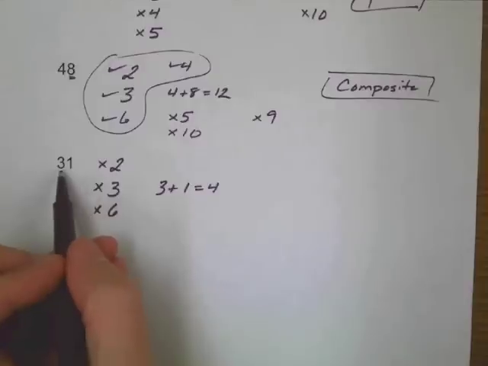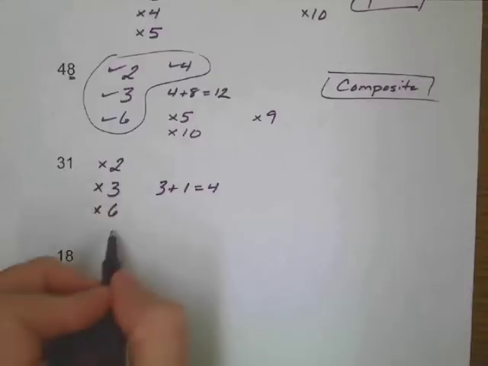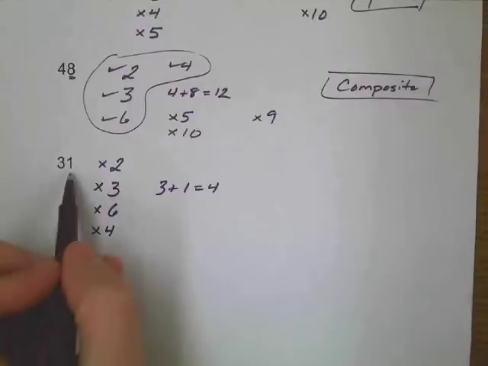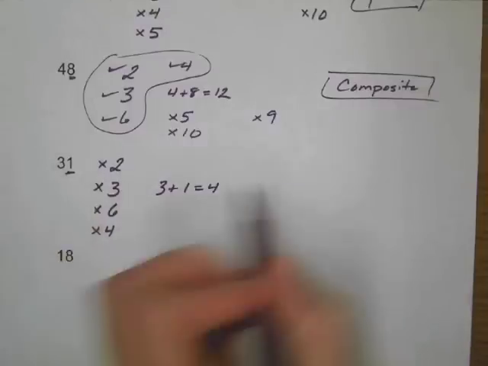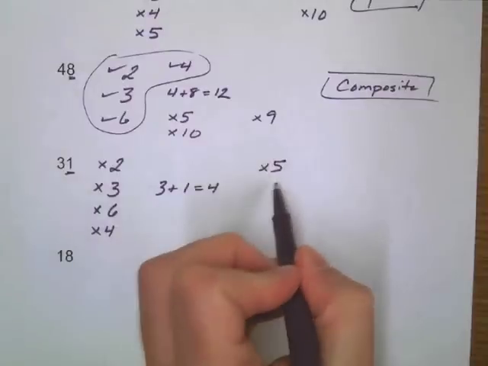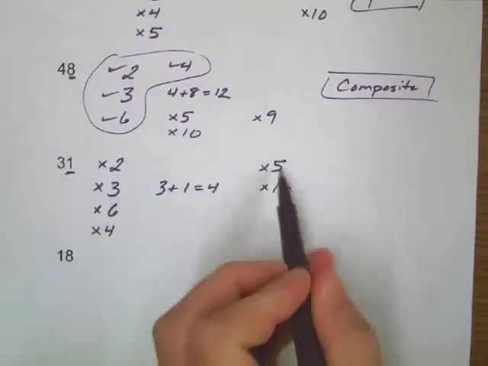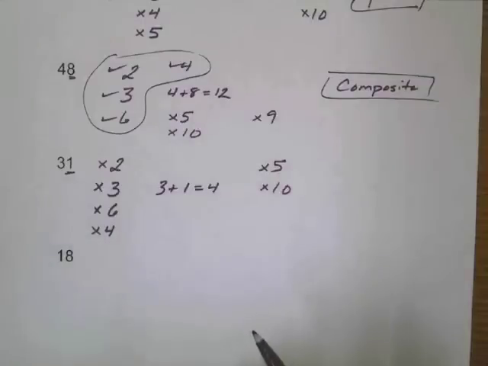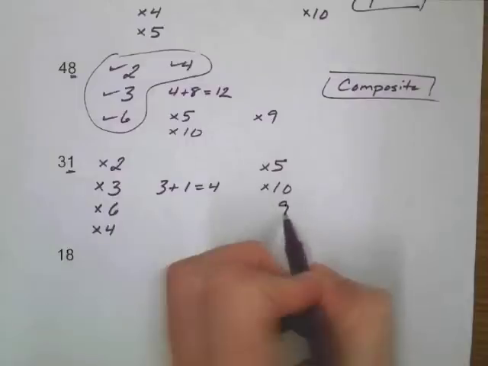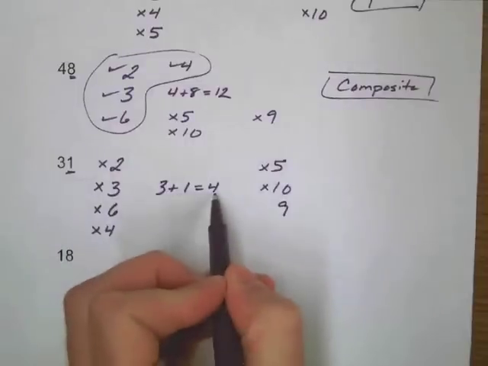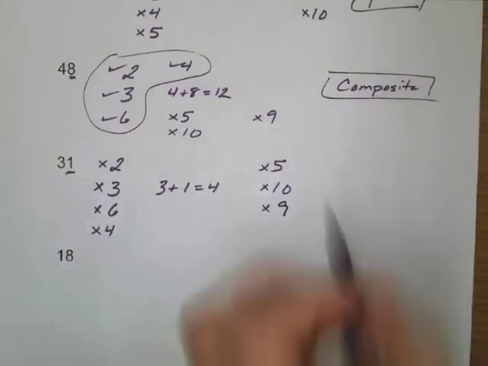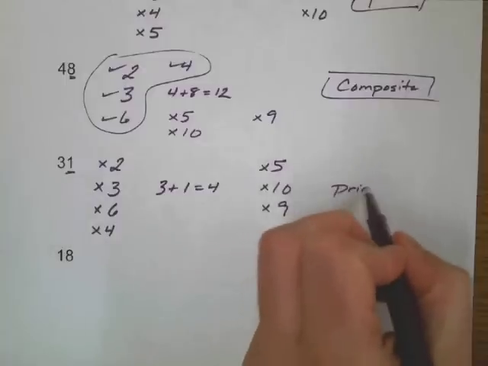If it were 32, yep, but it's not. It has a 1 at the end, so that means it's not divisible by 5 or 10. We're looking for 5 or 0 at the end. That leaves me with 9. Well, 3 plus 1 is 4. 4 is not divisible by 9. So it's a prime number.